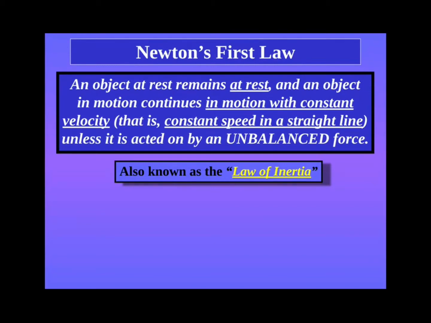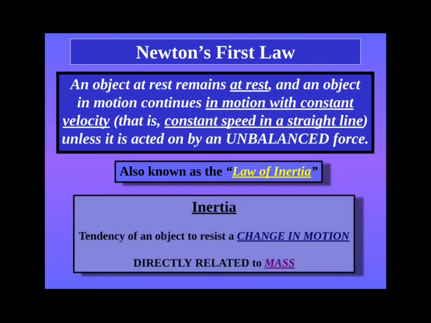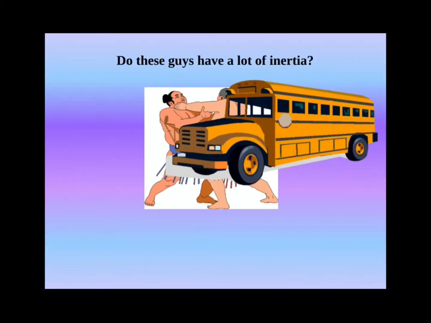I think many of us may have heard the word inertia before, but maybe not quite in the right way. Inertia is the tendency of an object to resist a change in motion, and this is directly related to its mass. Do these two sumo wrestlers have a lot of inertia? The answer is yes, they do.